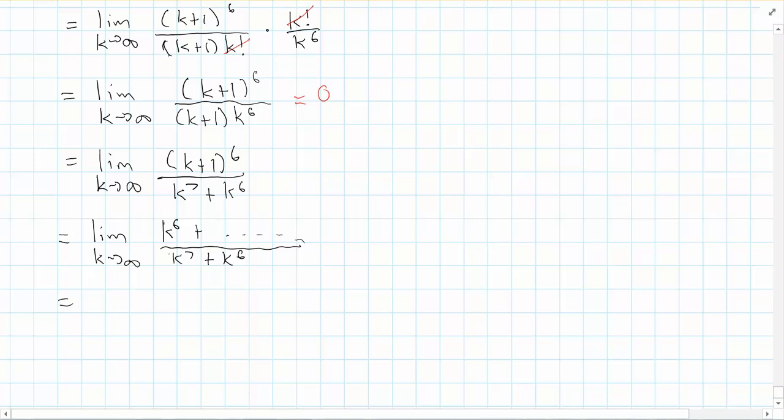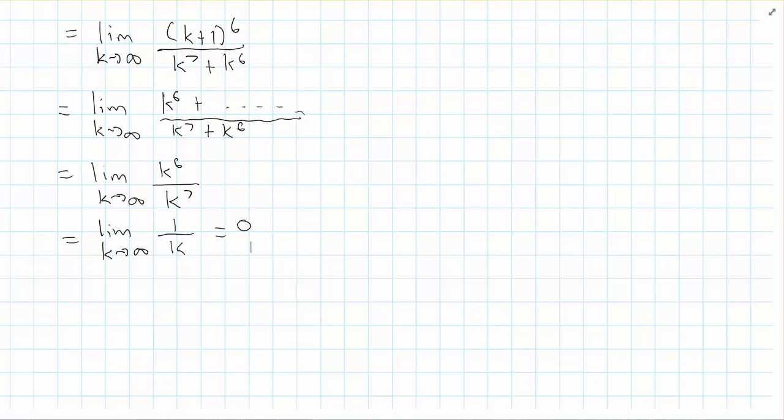Because these are rational functions, we know that they follow the limits of the lead terms. The lead term in the numerator is k^6, and the lead term in the denominator is k^7. Simplifying, you get the limit as k goes to infinity of 1 over k, which is equal to 0.